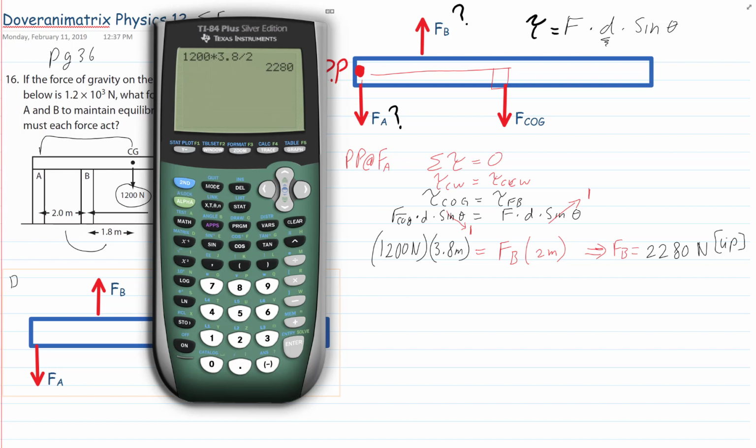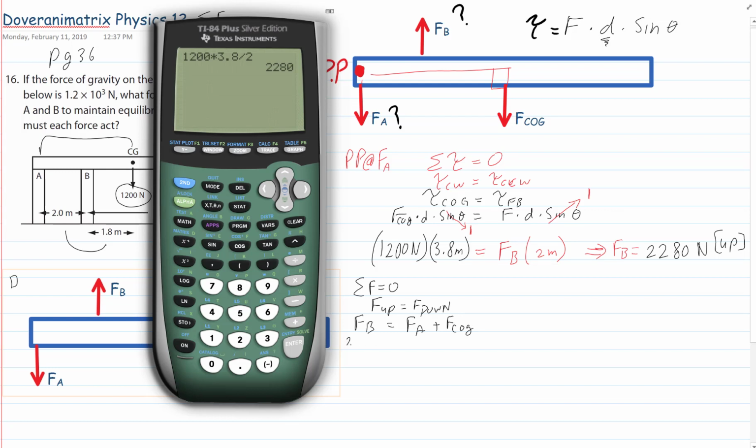Now there's 2 different ways to get FA. We can do it by the sum of the forces equals 0. That means the forces up equals the forces down. And the forces up is FB, and the forces down is FA and the force of the center of gravity.